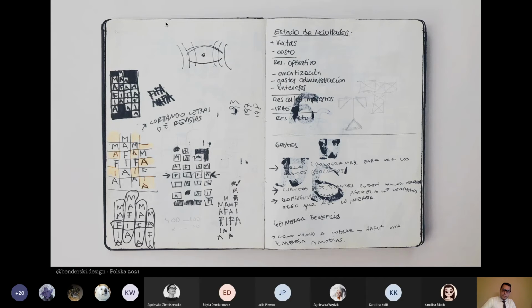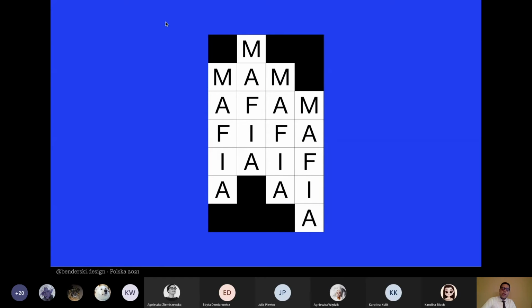And by doing this sketch, I realized that there is only one letter apart from FIFA to mafia, and it's the letter M. So I created a crossword. In the middle, you can read FIFA, and you can read that FIFA is actually made by a mafia. So the mafia is what actually creates the FIFA.